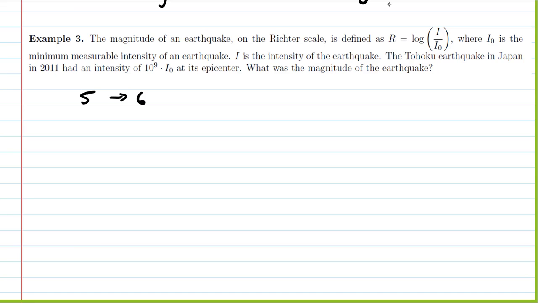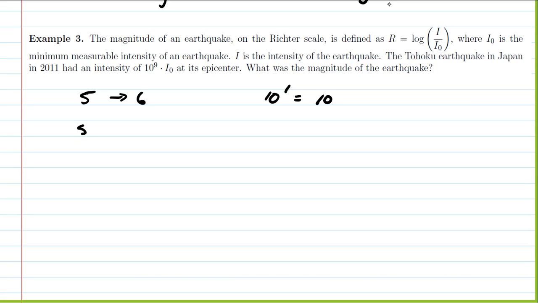Well, what is it that the logarithm represents again? It's an exponent. And what's the base on our logarithm? 10. So if our exponent on our base increases by 1, that means it would be 10 times as intense.